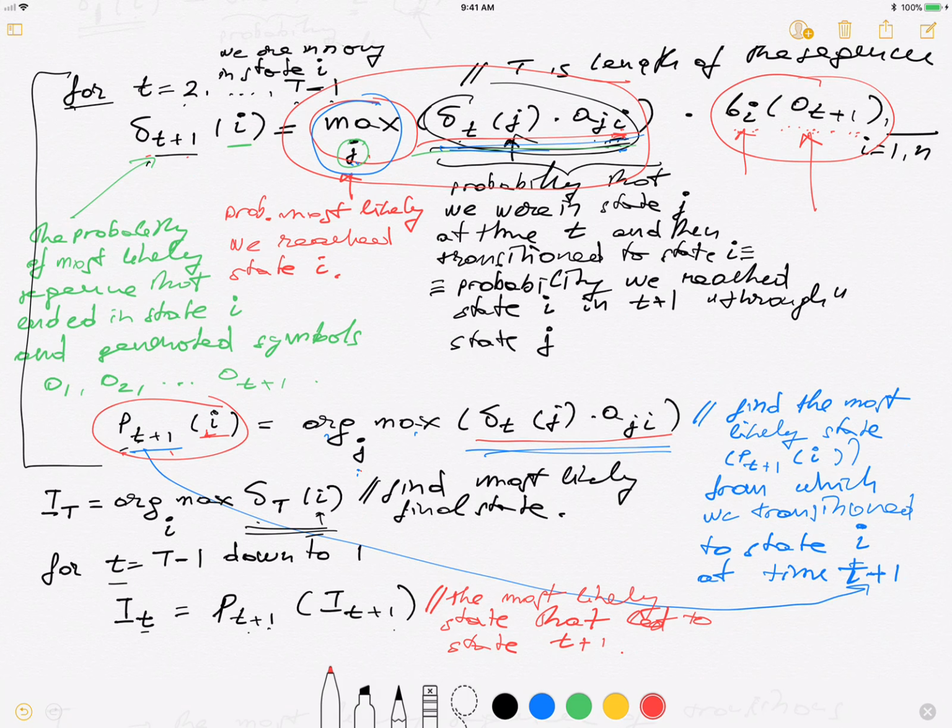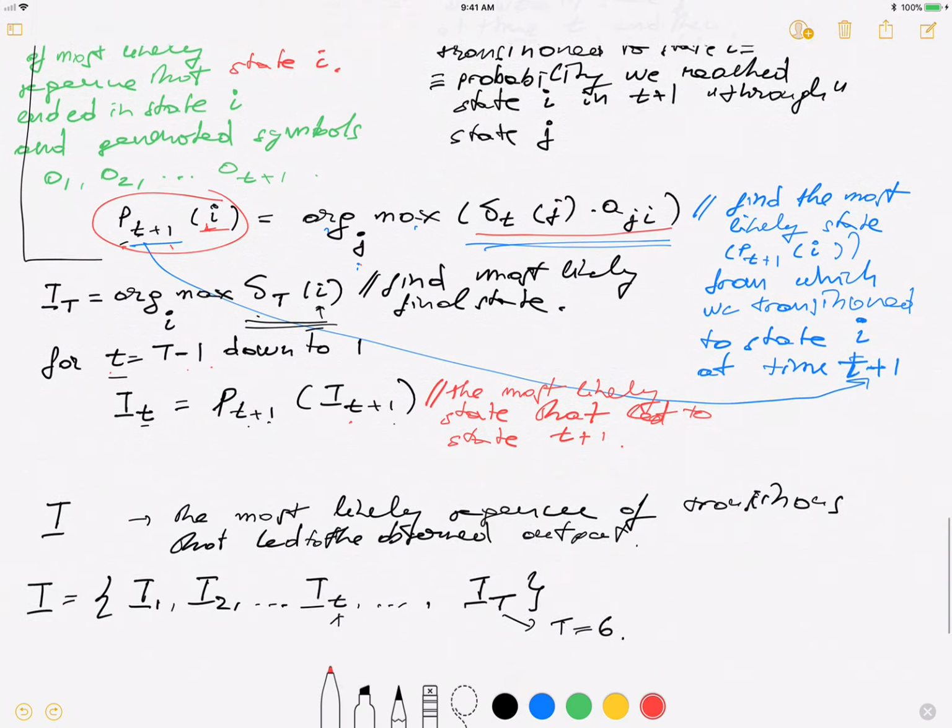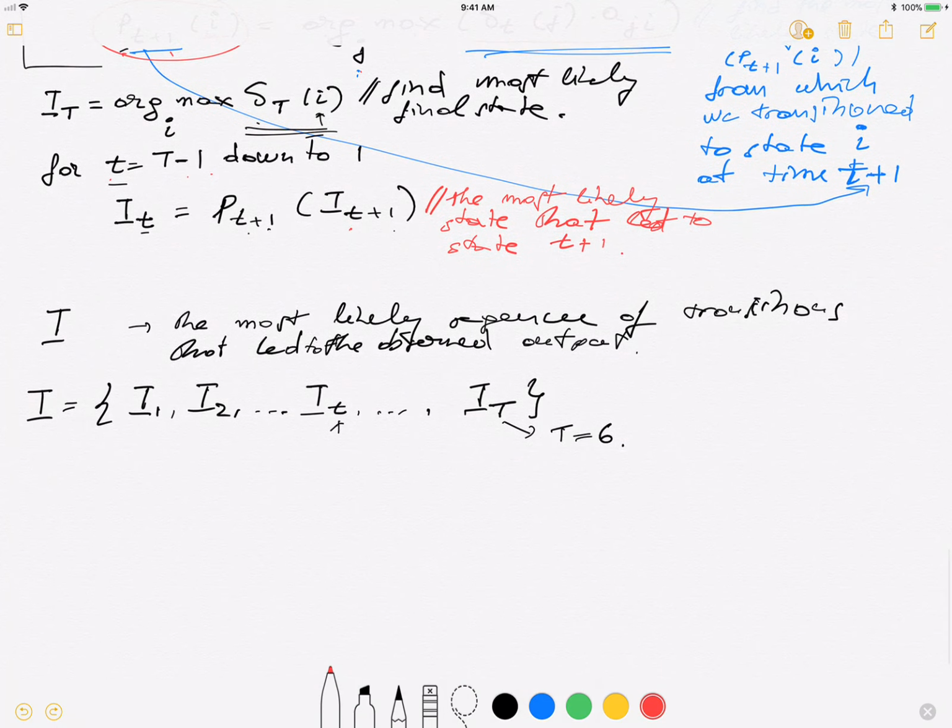So, what happens with t equal big T minus 1? If small t is equal big T minus 1, what will we get here?